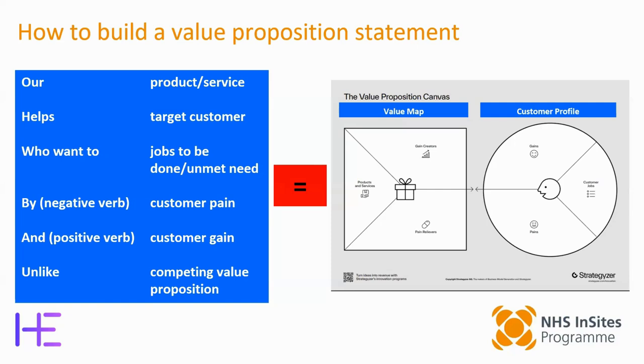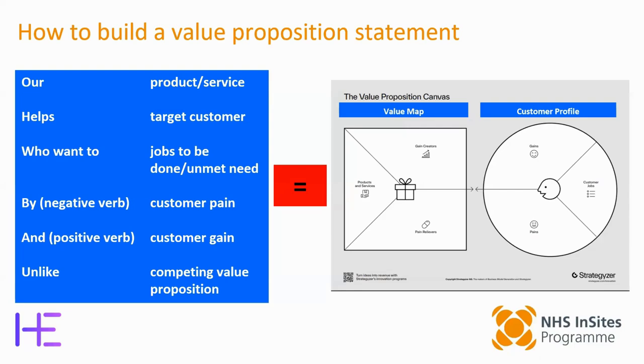So our, and then you can fill in what the specific product or service is, helps, and then you can add in the specific target customer who want to do specific jobs, or what is their specific unmet need that they're experiencing. By, and then here you can add in more information about how the innovation can help reduce the pains and frustrations of the customer.